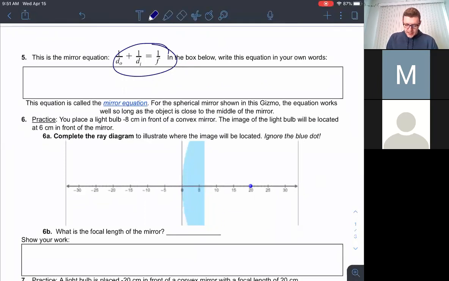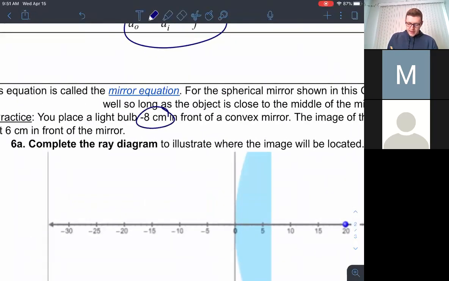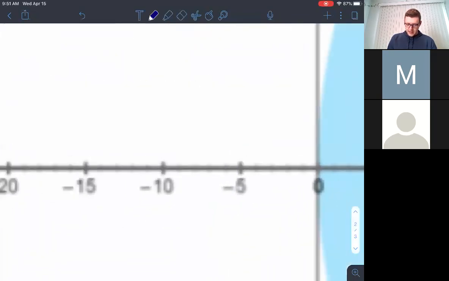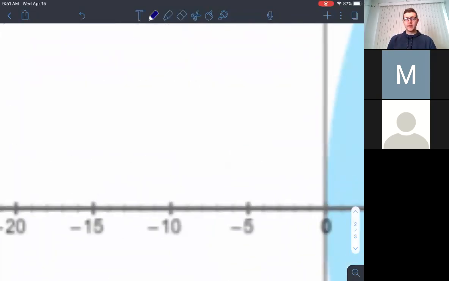It says, if you place a light bulb at -8 centimeters, so I'm going to draw my light bulb like a candle, or like an arrow, because I'm terrible at drawing. So 5, 6, 7 here. That's my beautiful light bulb.